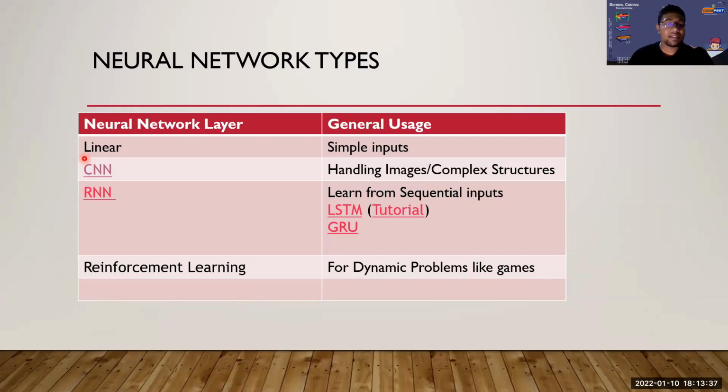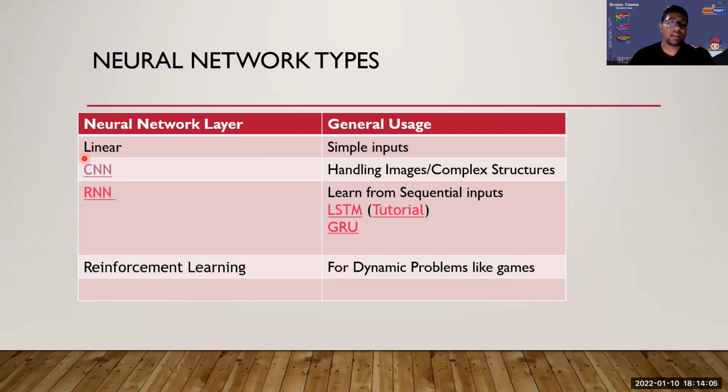For example, these linear networks can easily handle simple inputs. Let's say we want to input student ages and then classify them according to their age. Then we can simply use a linear layer to handle that input.